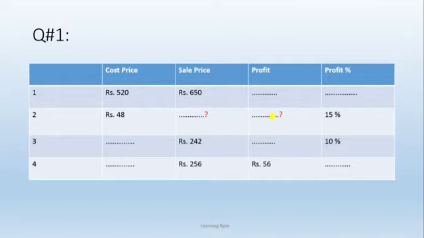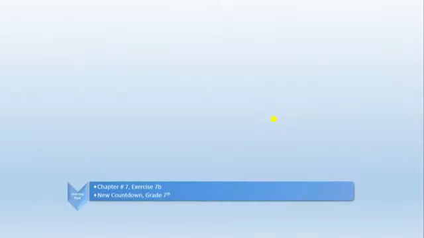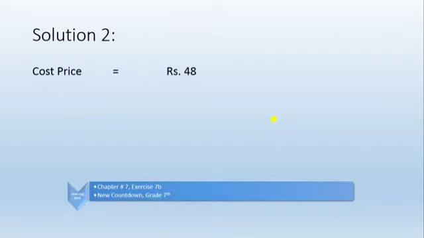Let's see how to find these two values. We have a cost price which is equal to 48 rupees and profit percentage is equal to 15%. We don't know sale price and profit, which we will have to find.